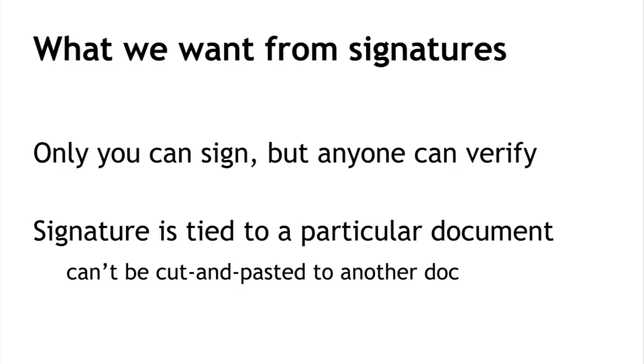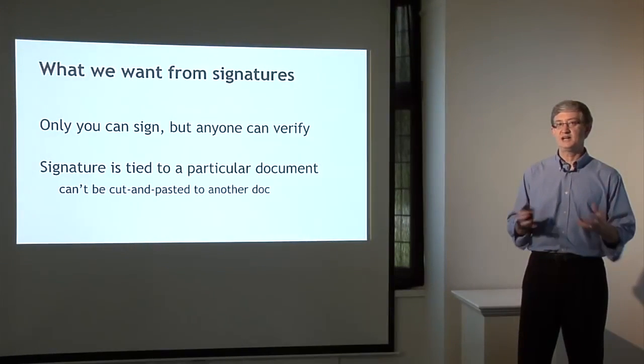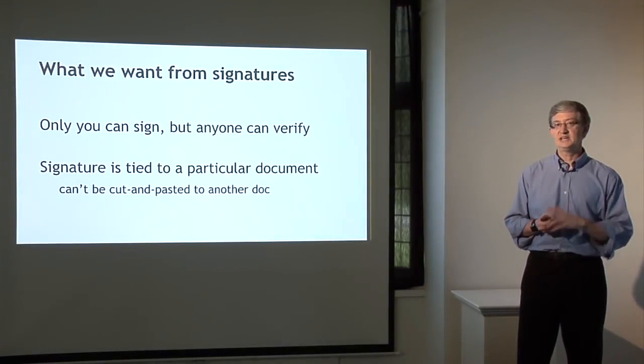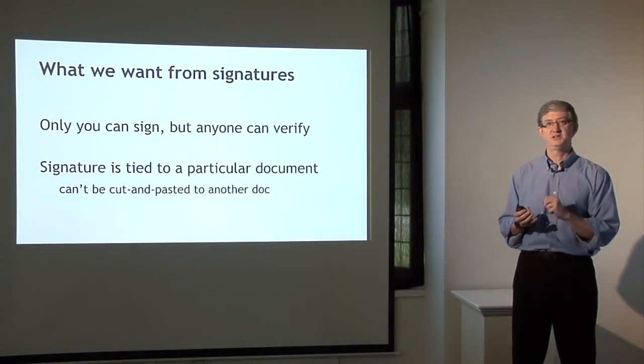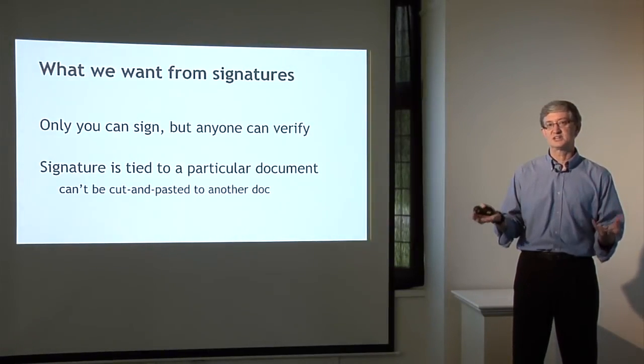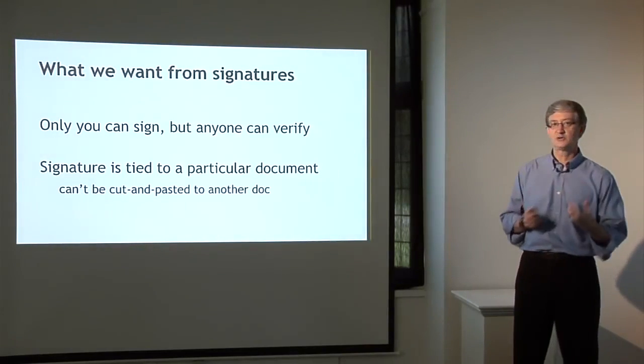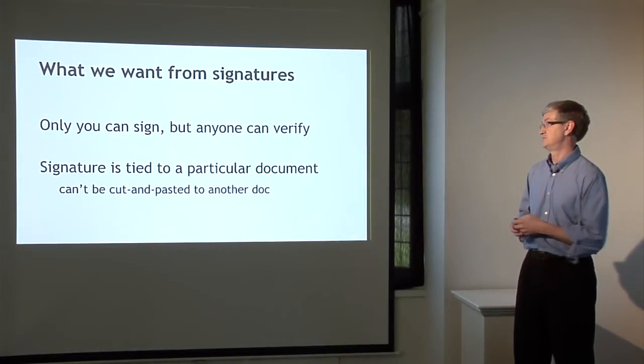First, just like an idealized paper signature, only you can make your signature, but anyone who sees your signature can verify that it's valid. Second, the signature is tied to a particular document, so that somebody can't take your signature and snip it off one document and glue it onto the bottom of another one, because the signature is not just a signature, it signifies your agreement or endorsement of a particular document. So the question is, how can we build this in digital form using cryptography?